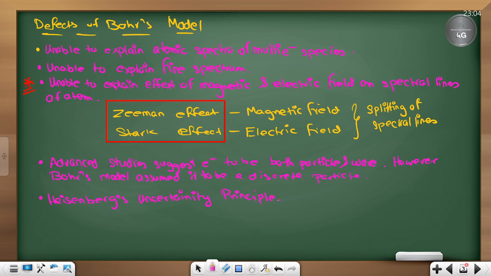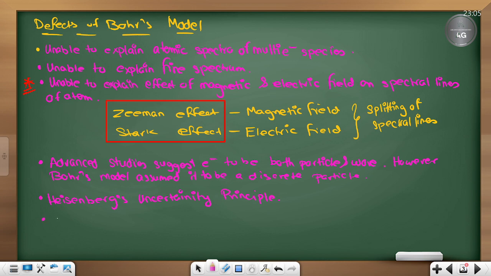This principle states that simultaneously it is not possible to determine the position as well as the momentum of the electron. But Bohr has already done that. How? The electron is revolving around in an orbit, so automatically the position as well as the momentum at the instant is clear to us. So that is not possible. That is also one of the setbacks. Clear or not clear?